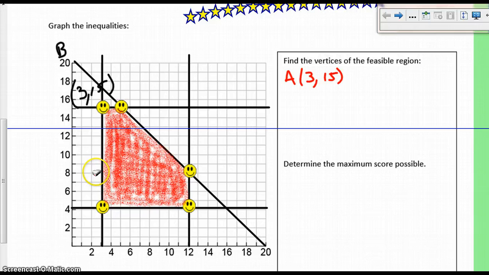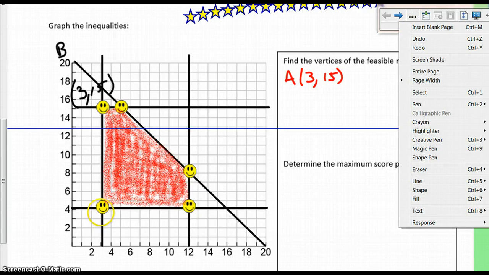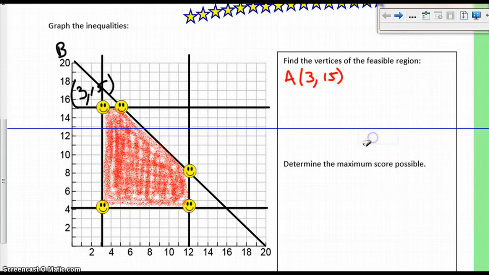And all the intersection points of the vertical and horizontal lines should be pretty easy to find. So if I look at this one down here in the bottom left hand corner, that's pretty straightforward, as it's the intersection of the vertical line x equals 3 and the horizontal line y equals 4, therefore giving you the ordered pair 3, 4. So let me call that point B. So point B is at 3, 4.